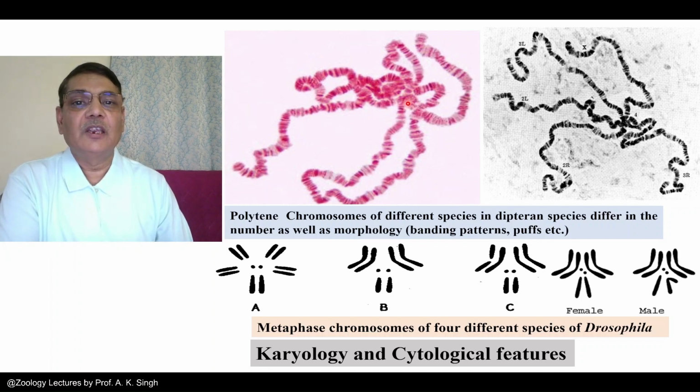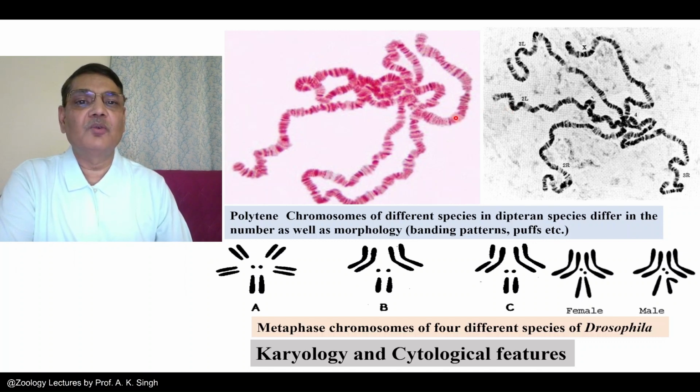You know that in case of Drosophila, there is a chromocenter from where the different chromosome arms radiate. And those who work on this subject, they are well acquainted with the banding pattern. They can identify X chromosome and autosomes. And in certain species, you will find just 5 arms.